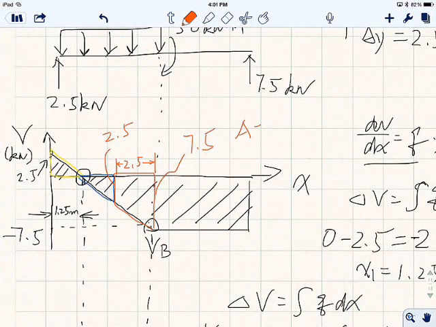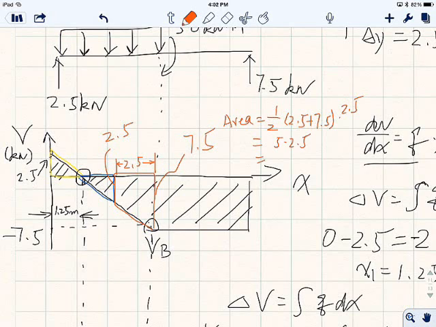let's just say A for area. Area equals 1 over 2, 2.5 plus 7.5 times height, equals 10, 5 times 2.5, that's 12.5 kilonewton times meter.